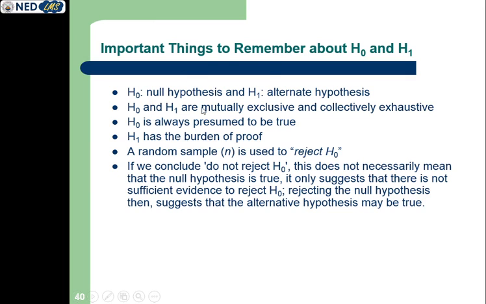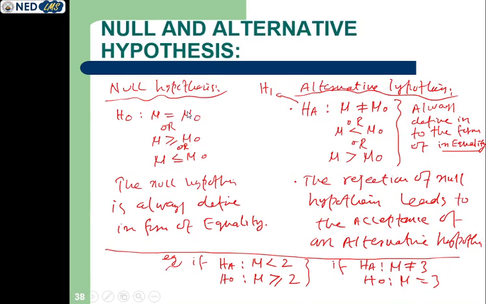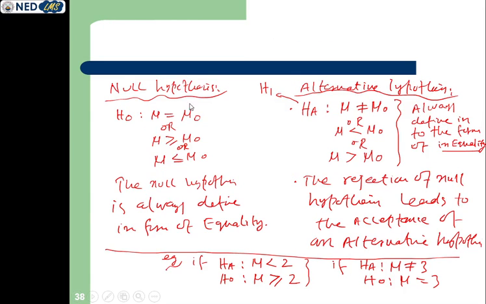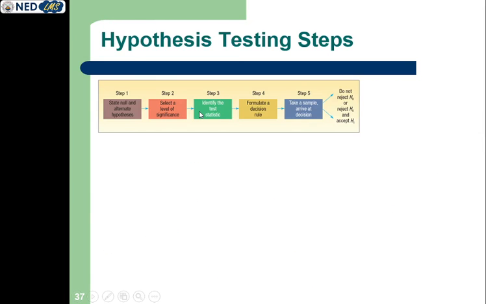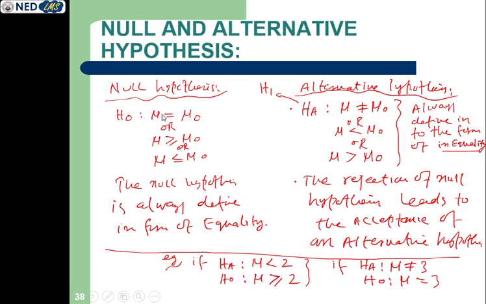H0 and H1 are mutually exclusive and exhaustive events. There is no intersection between them. The null hypothesis is equal to this, the alternative is not equal to this; the null hypothesis is greater than or equal to, the alternative is only less than. There is no intersection point.